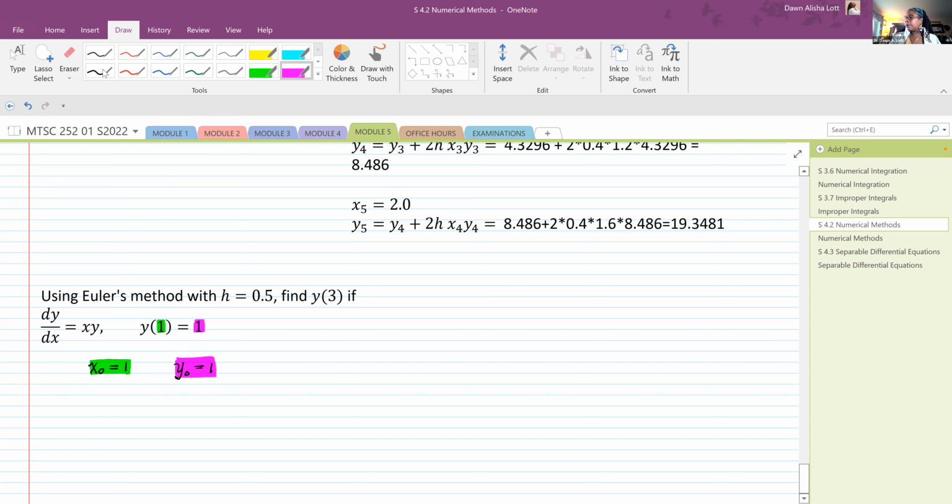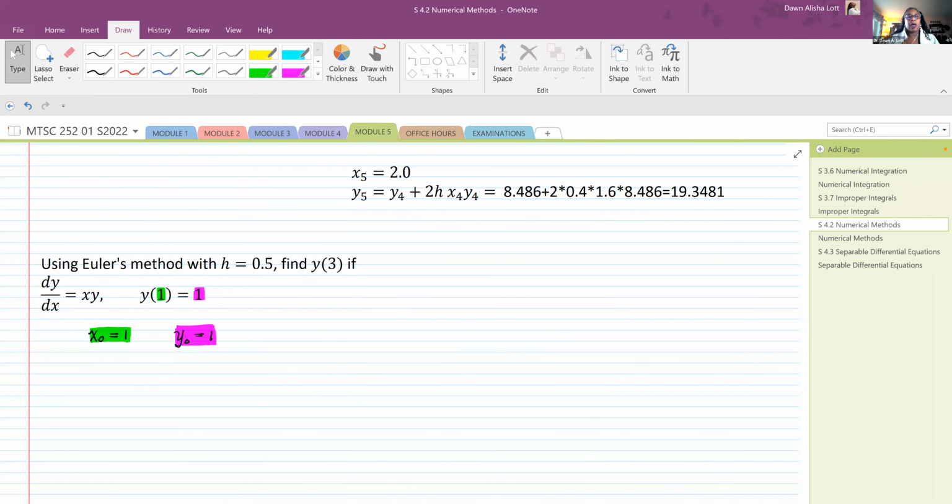Now, the question is, how far or how many iterates do we need? Can anybody get an idea or guess how many iterates that we need? 3. Okay, so you said 3. Is that because you're asked to find y of 3? Yeah. Okay, so 3 is where we want to go to.